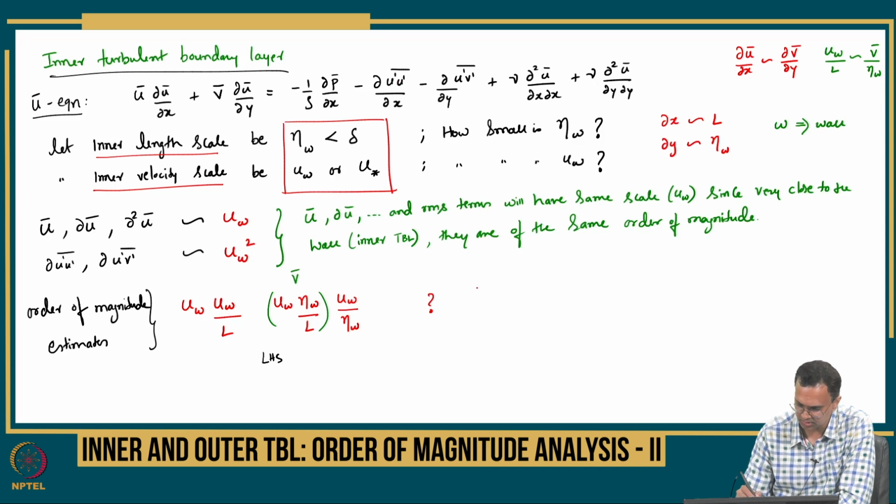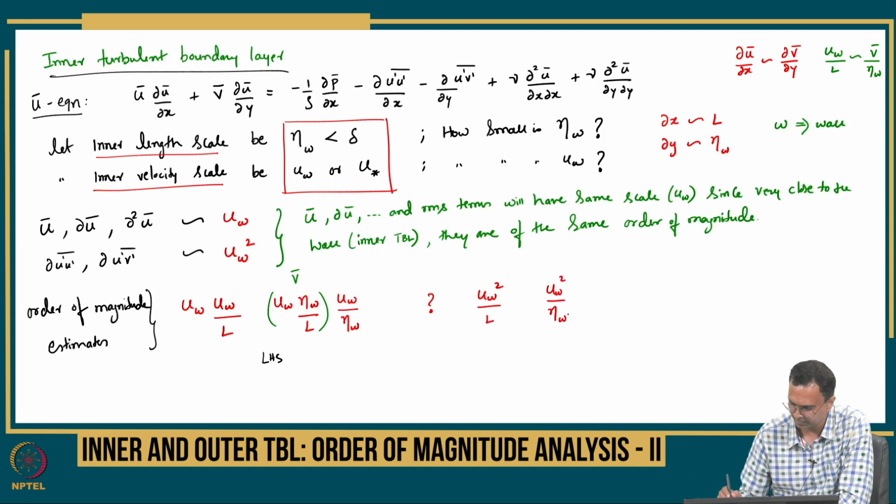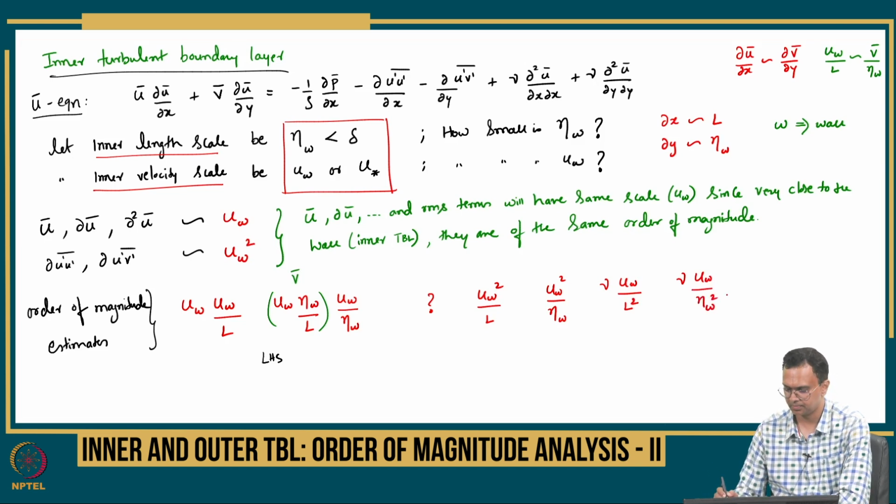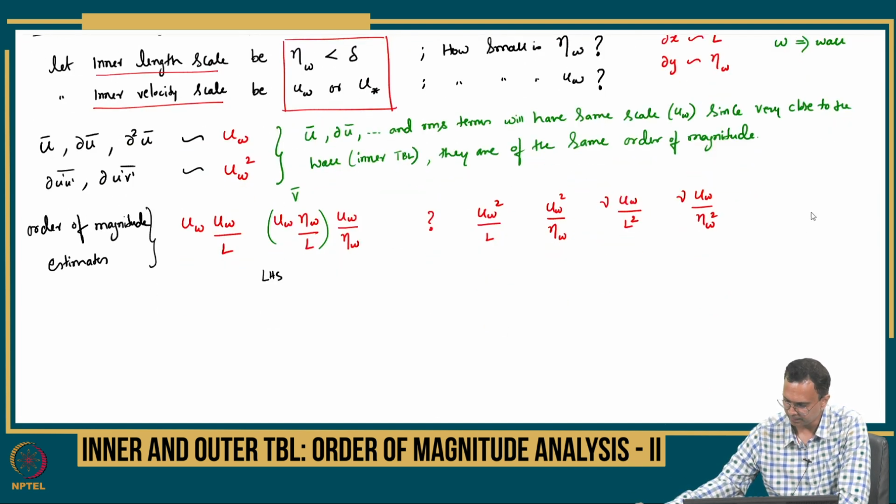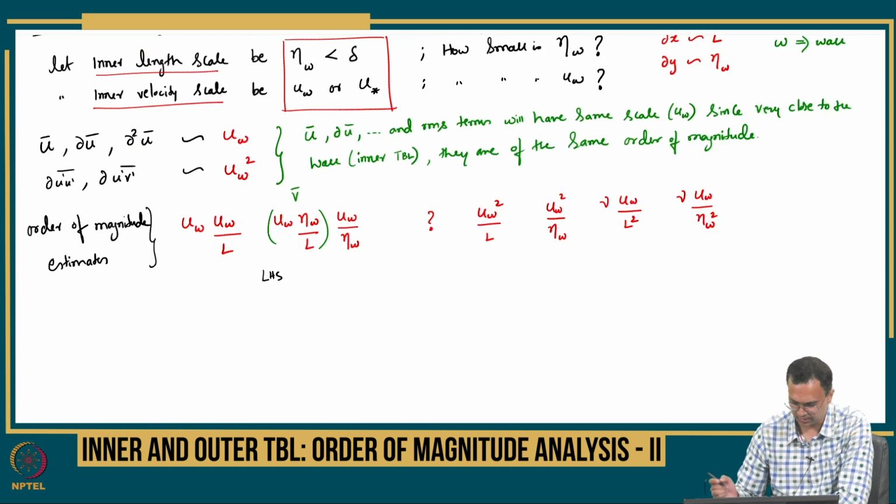So I have the turbulent term, which is uw square by L, and the other turbulent term is uw square by eta w, and then the two viscous terms, which is nu uw by L square, and nu uw by eta w square. I simply introduce all the scales that we considered so far. Pressure, of course, we are not letting it participate.